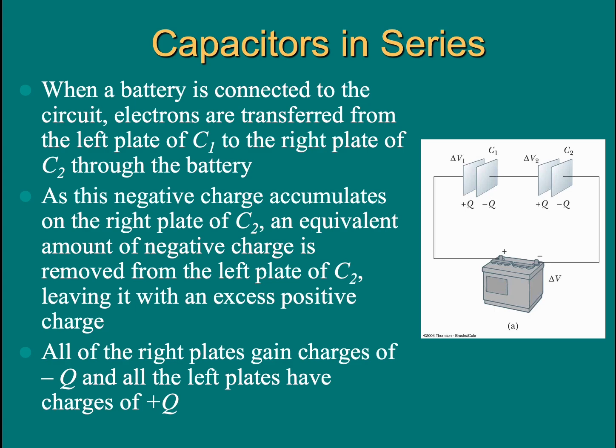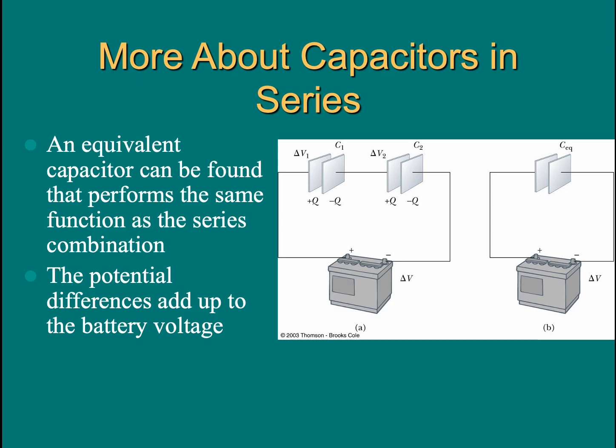So after the moving of electric charge stops, all the right plates of C1 and C2 will have negative Q charge, and all the left plates of C1 and C2 will have positive Q charge. We can also replace two capacitors in series by an equivalent capacitor with the equivalent capacitance CEQ.